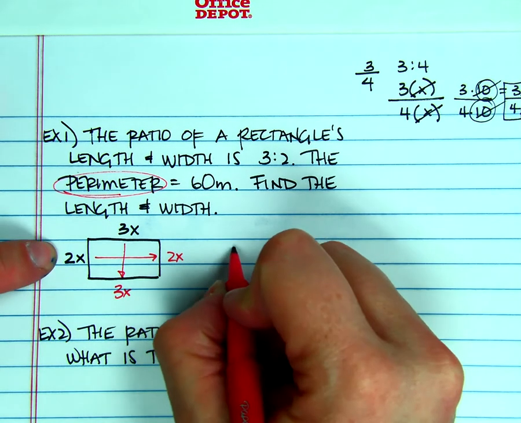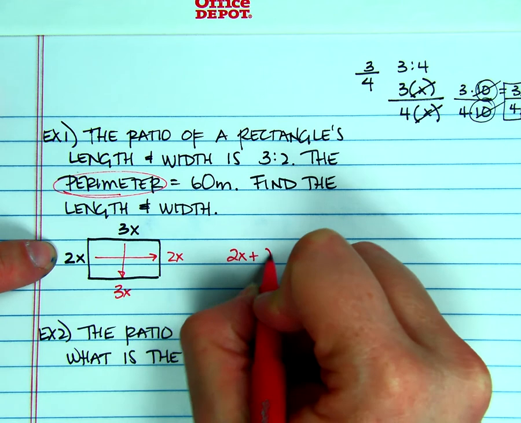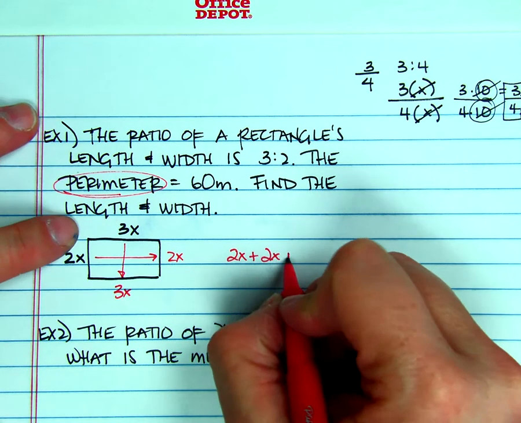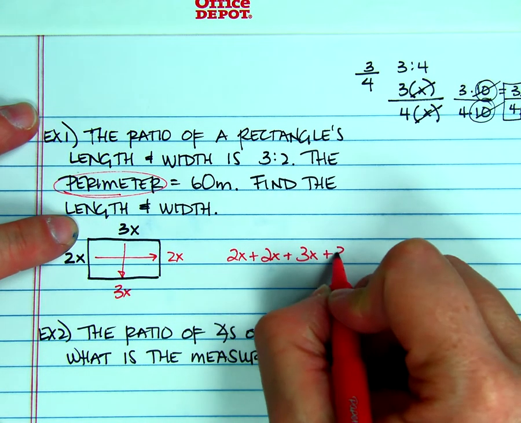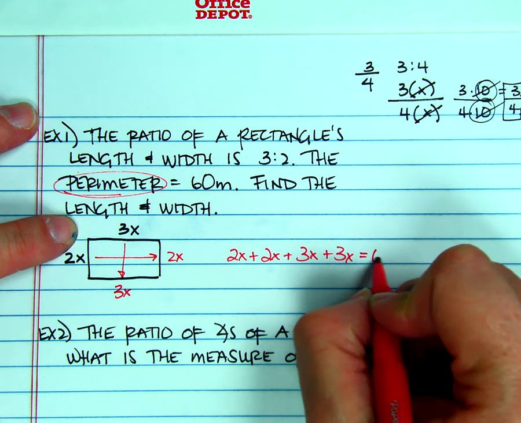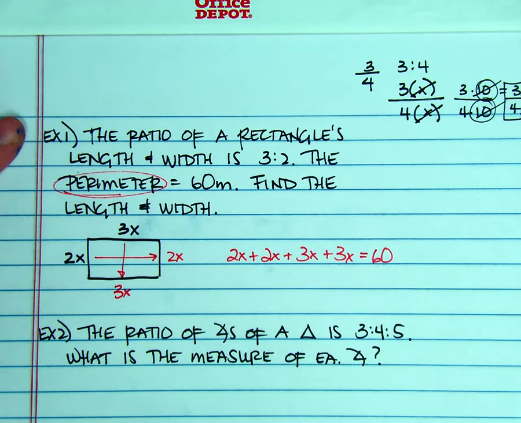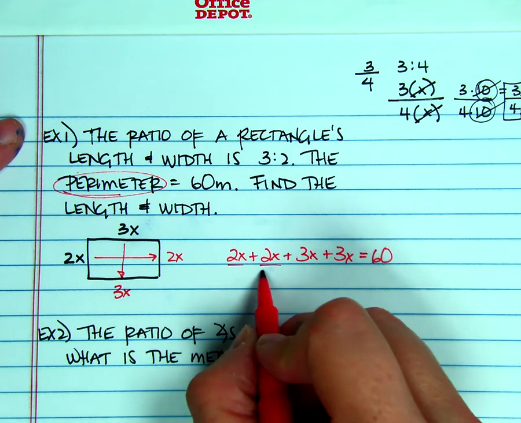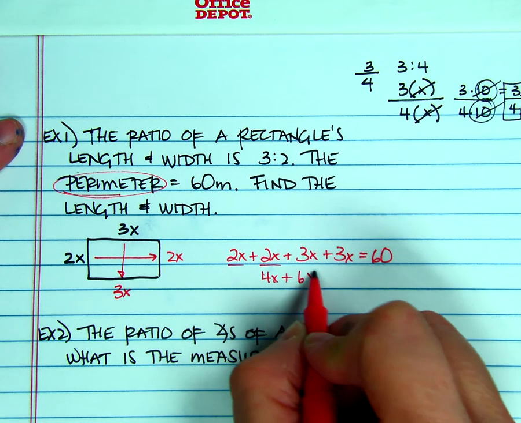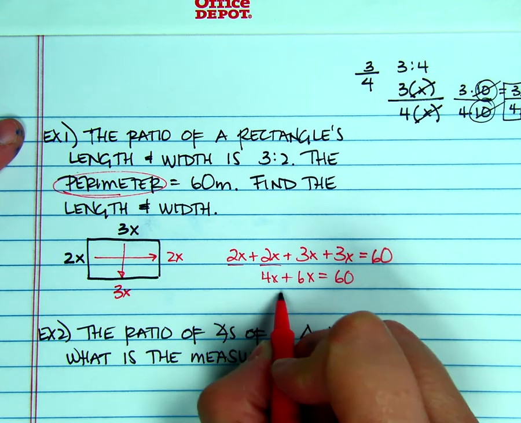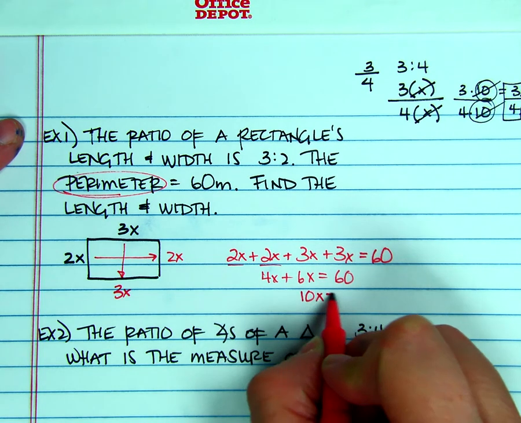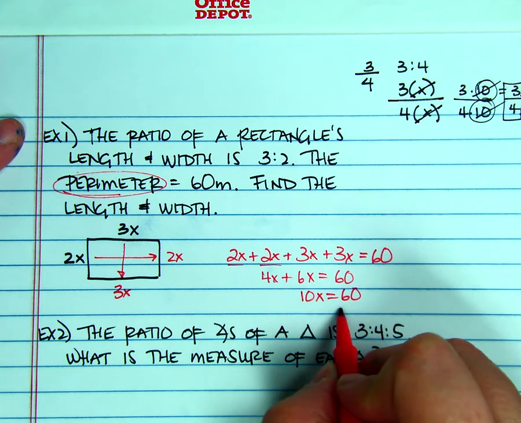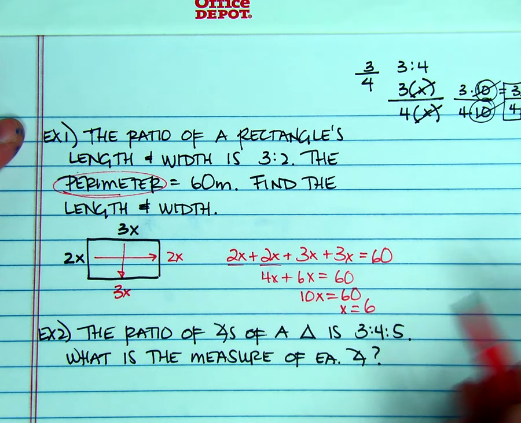So I know that 2x plus 2x plus the 3x plus the other 3x has to equal 60 meters. Combining like terms, I get 4x plus 6x equals 60. Combining like terms, I get 10x equals 60, so x equals 6.